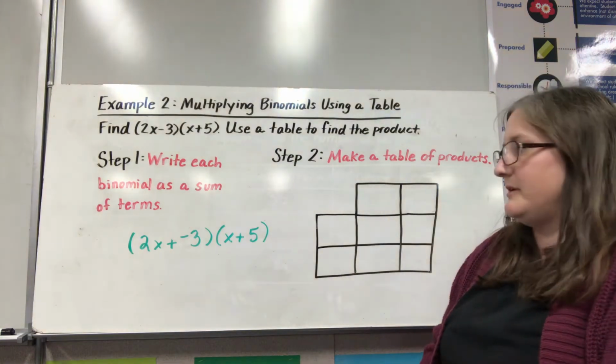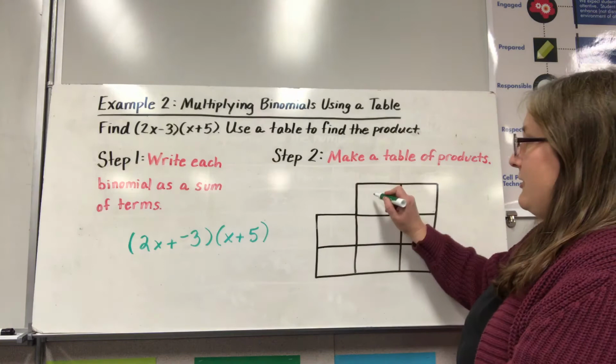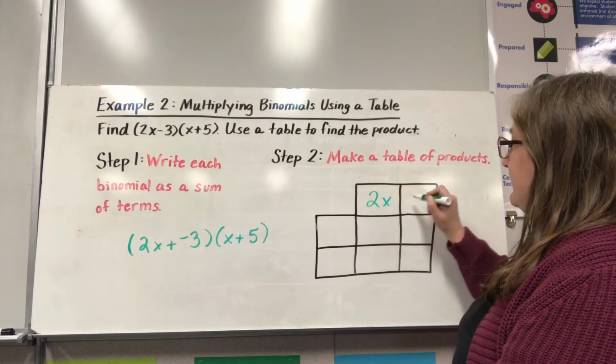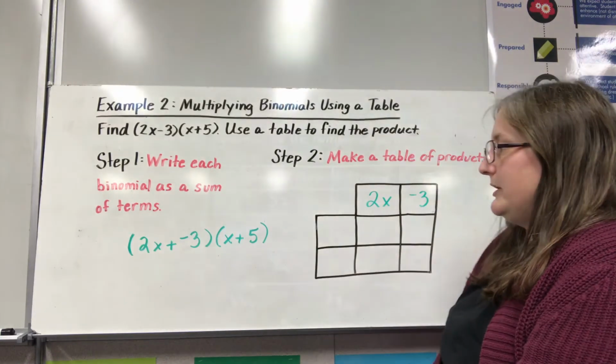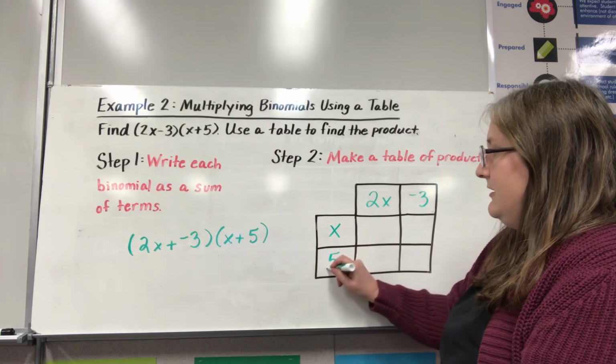Now what I'm going to do is take the two individual terms of my first binomial, and they're going to individually go in these boxes right here. So my first term is 2x, and my second term is negative 3. For this binomial, my first term is x, and my second is 5.